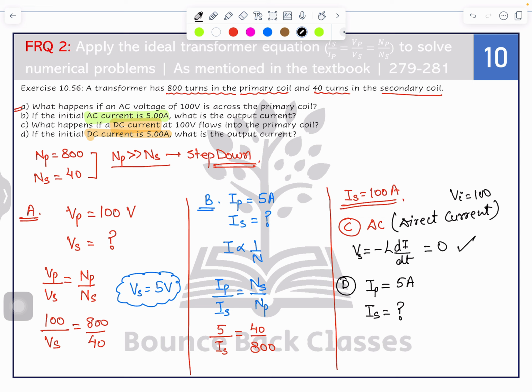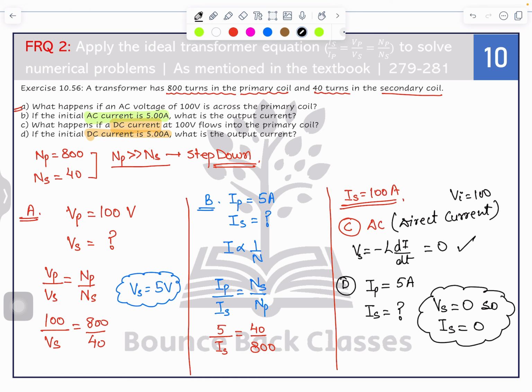Yes, we know this now: the change will be 0 when the current is DC, the voltage on the secondary coil is 0. So can I say voltage of secondary is 0, so IS is also equal to 0 in case of DC. Clear guys? Fine. Now move to the next question.